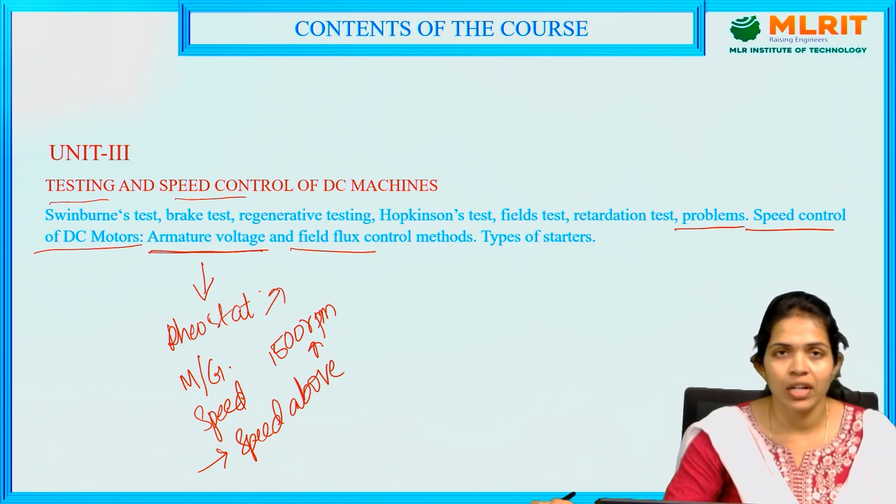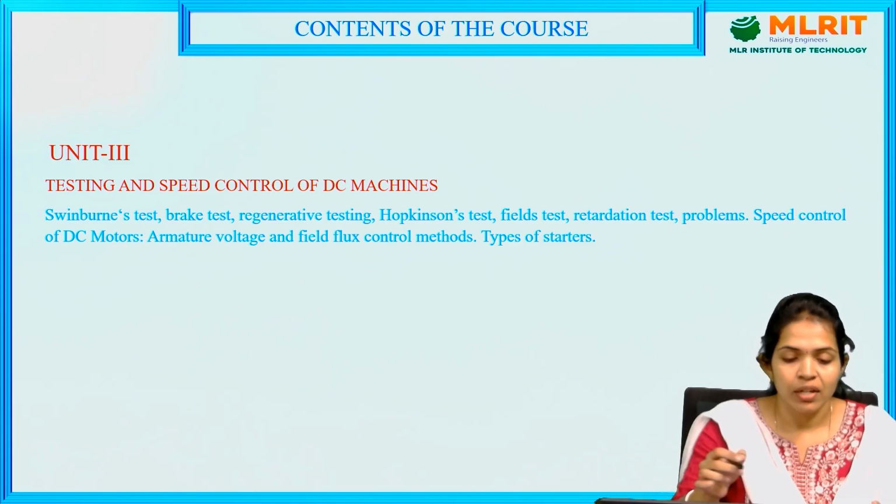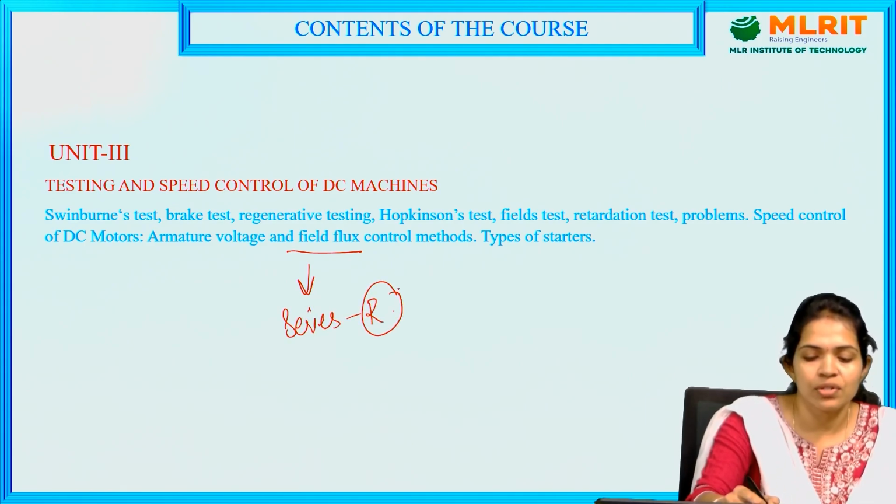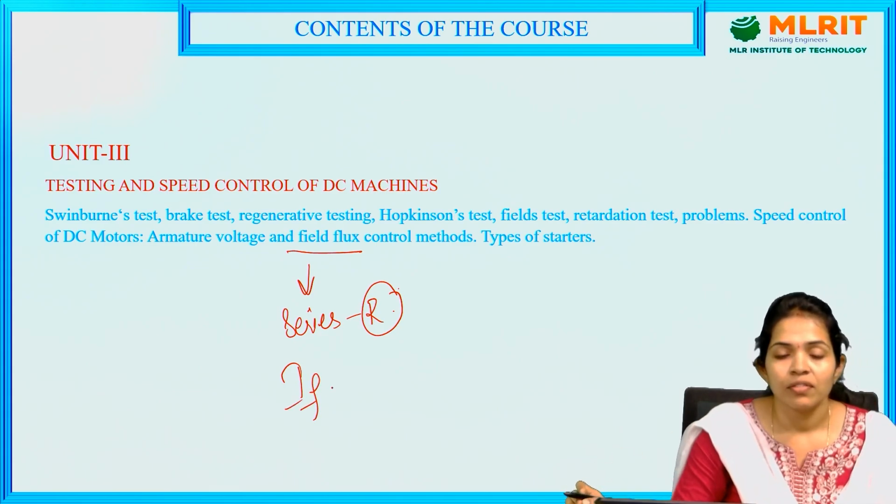And the field flux control method is nothing but when we connect a rheostat or a resistance in series with the field, and we vary this resistance to vary the field current in the field of either motor or generator.